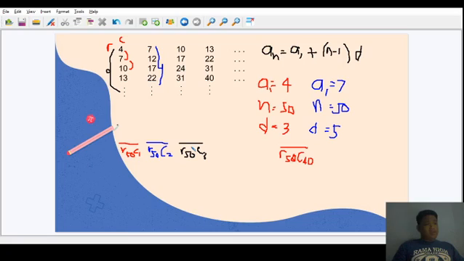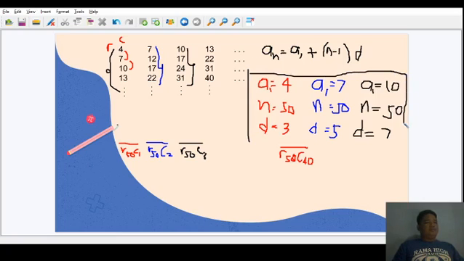Now for the third, the 50th term for column 3, the first term, a sub 1, is equal to 10, and our n is 50. Please bear with my handwriting because I'm still not familiar with this application. Anyways, let's continue. Our common difference here is 17 minus 10 and 24 minus 17, that is 7.